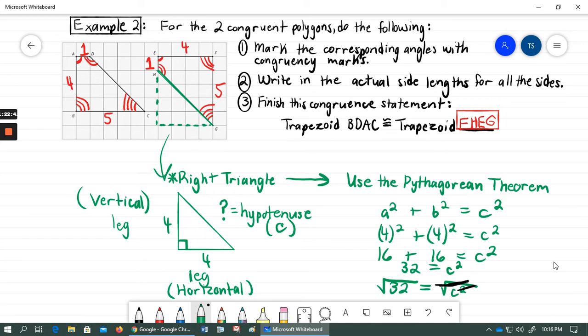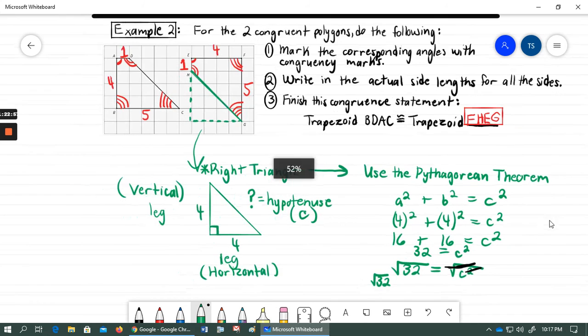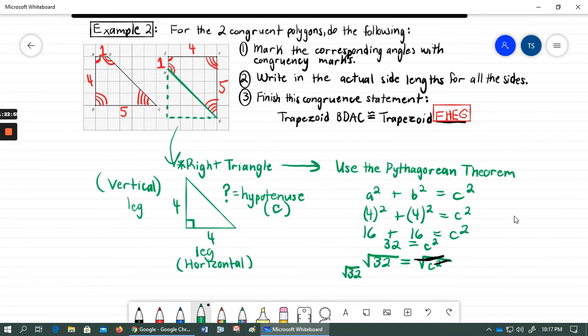So again, folks, if we were going to write out the exact length, we would write it as the square root of 32.